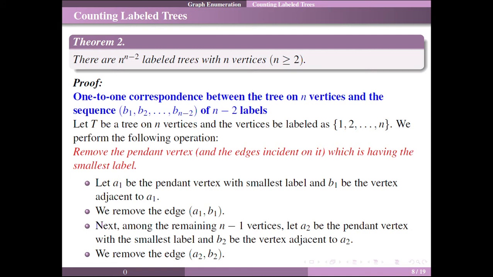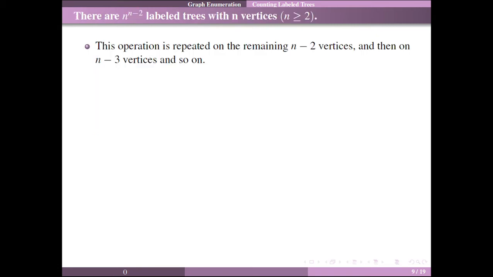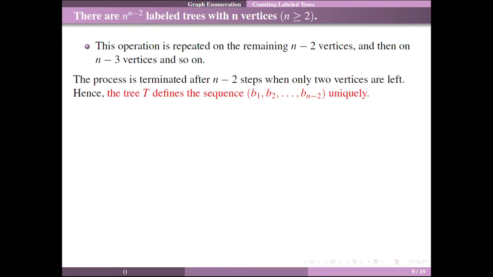Next, among the remaining n-1 vertices, if A2 is the pendant vertex with the smallest label and B2 is the vertex adjacent to A2, then we remove A2 along with the edge A2B2. This operation is repeated on the remaining n-2 vertices, then the remaining n-3 vertices and so on. The process terminates after n-2 steps, when only the last two vertices are left.